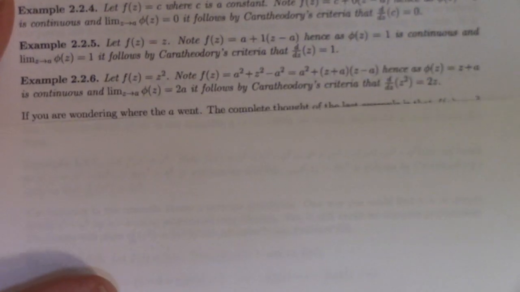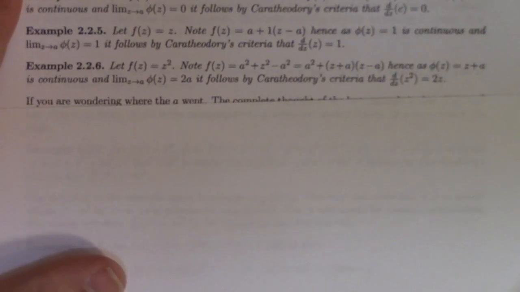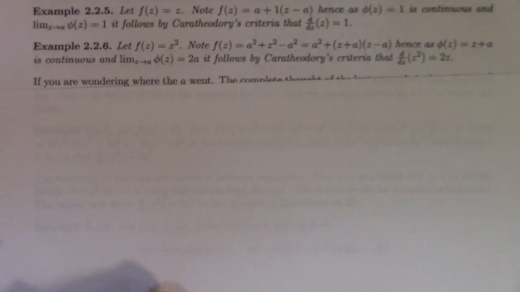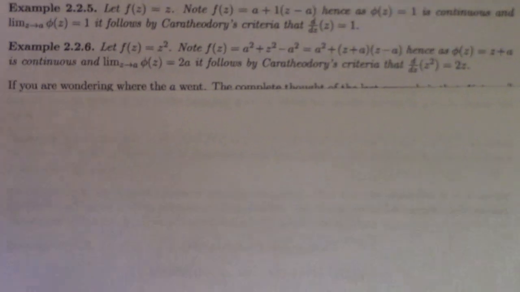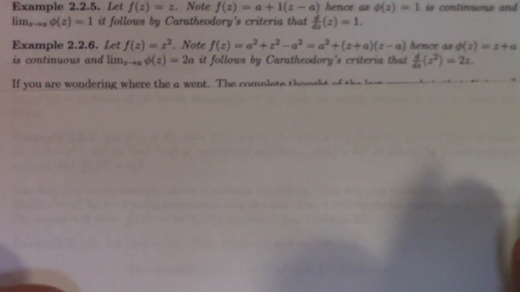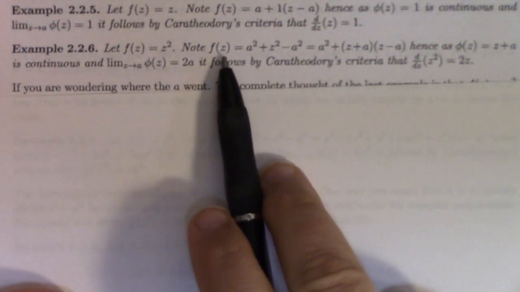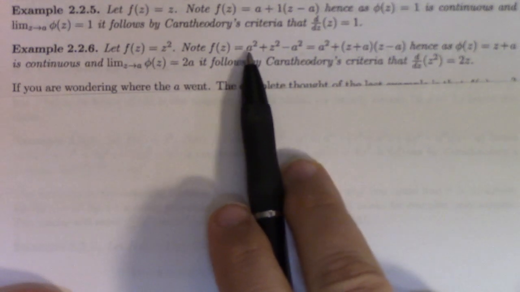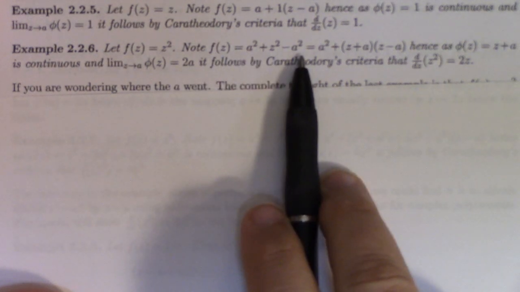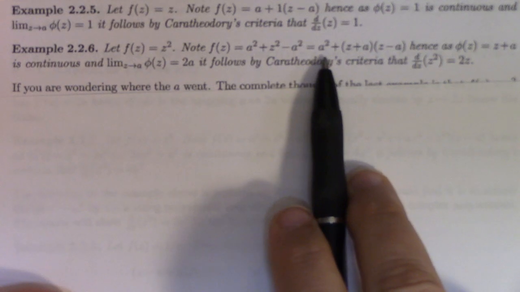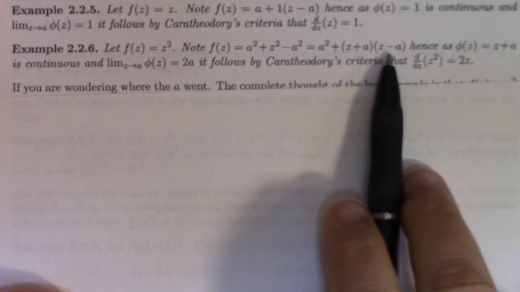Now z squared. For z squared, you have f of z is z squared, and I added and subtracted a squared. So that gives me a squared plus z plus a times z minus a.